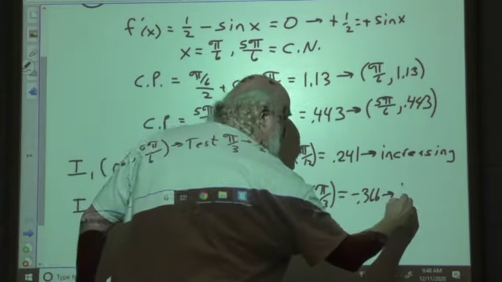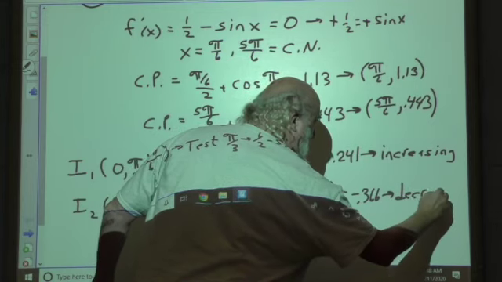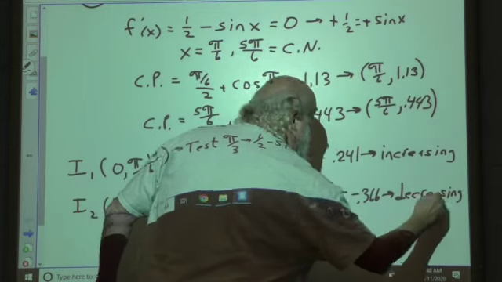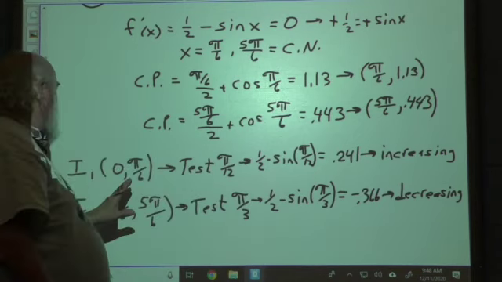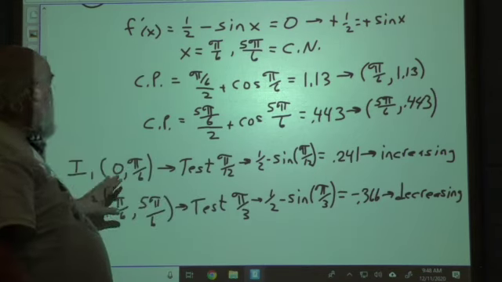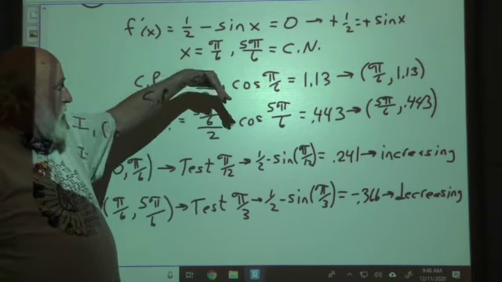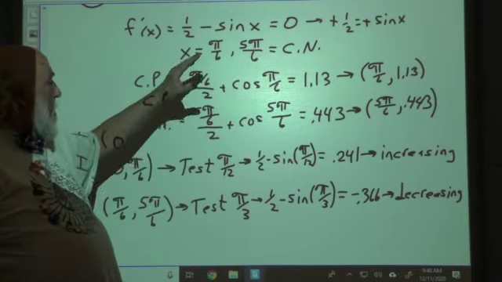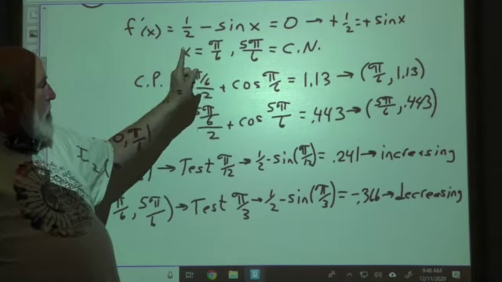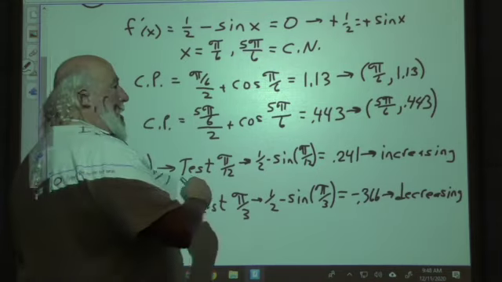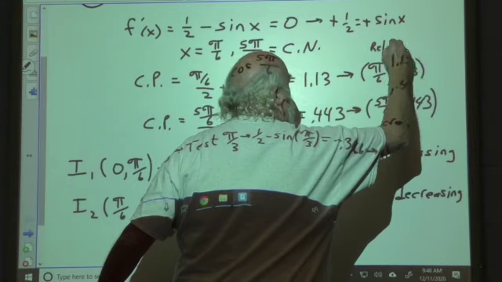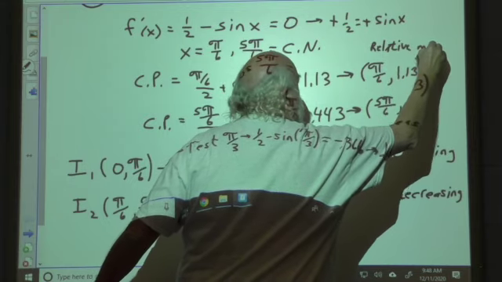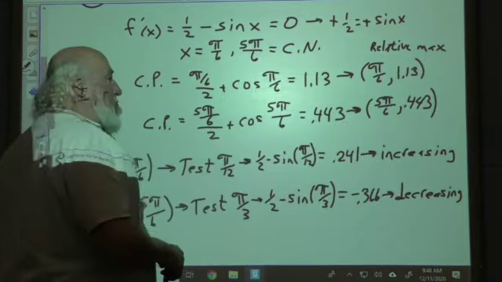Negative means it's decreasing. So it's increasing from 0 to pi over 6, and then decreasing. That means the critical point is at the top of that hump, so the first critical point will be a relative maximum.